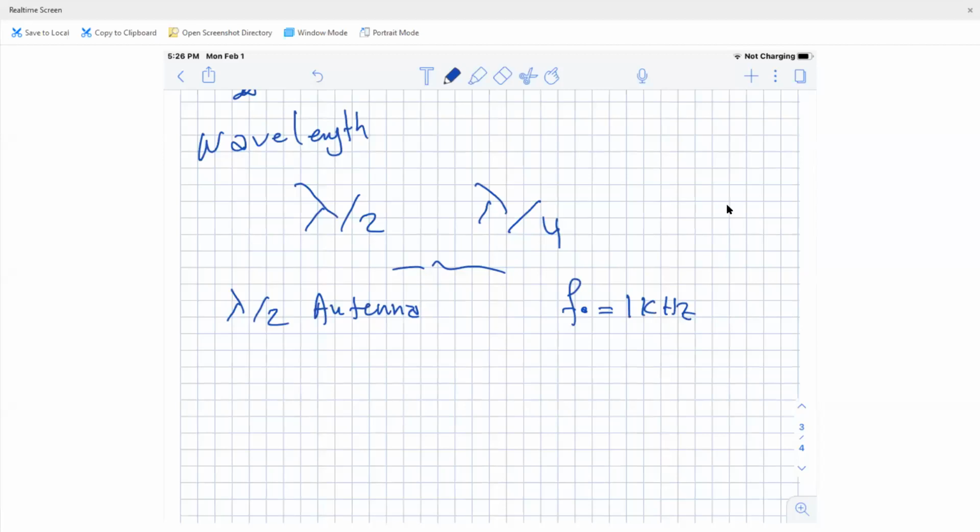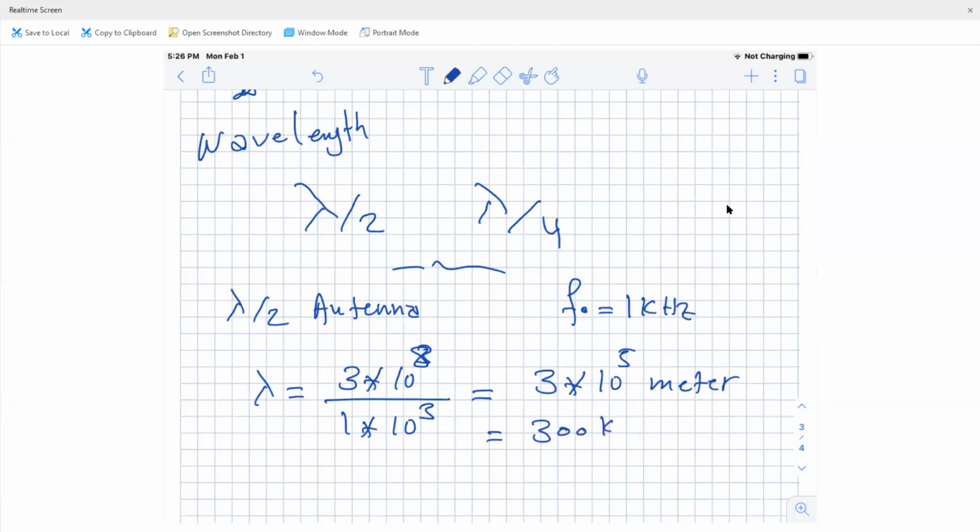Lambda equals 3 multiplied by 10 to power 8, divided by 1 multiplied by 10 to power 3. So what will be lambda? Lambda will be 3 multiplied by 10 to power 5. Wow. It is meter. In other words, it will be 300 kilometer.